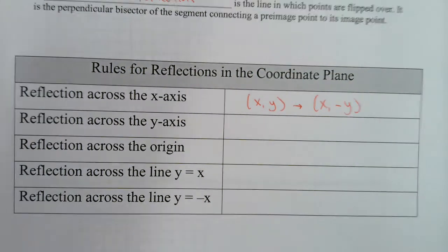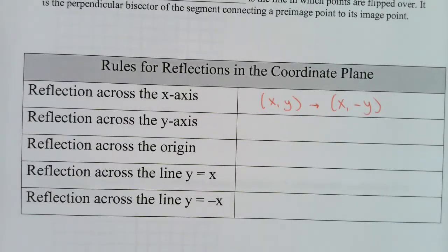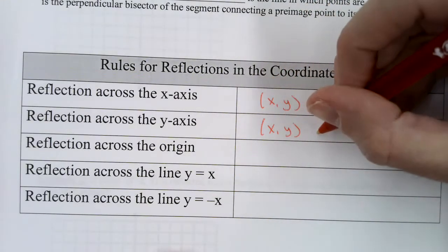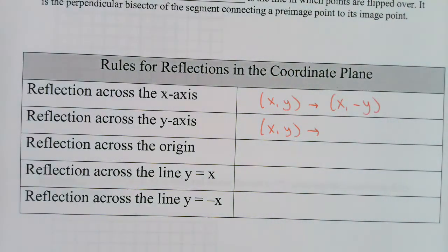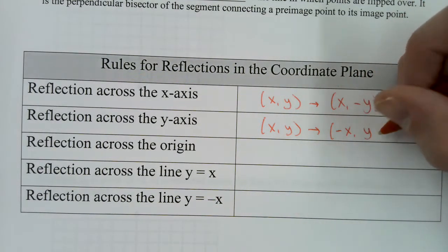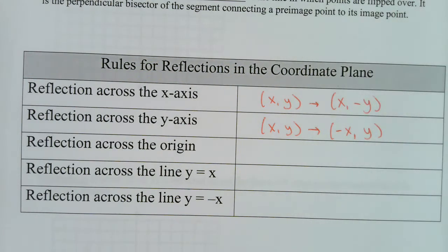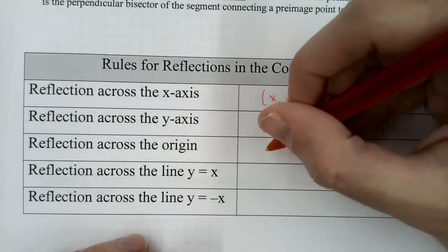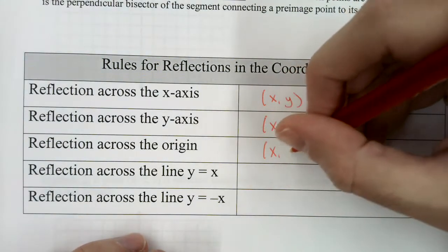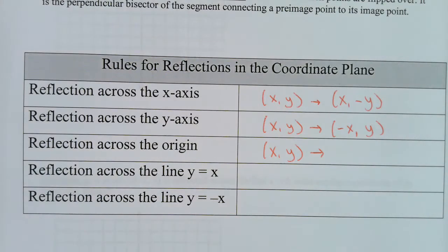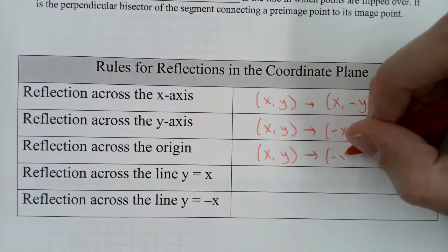For reflections across the y-axis, the rule is (x, y) maps onto (opposite x, y). For reflections across the origin, I'm not sure how much of this one we're going to do. I'll just give you the rule for now: (x, y) maps onto (opposite x, opposite y).